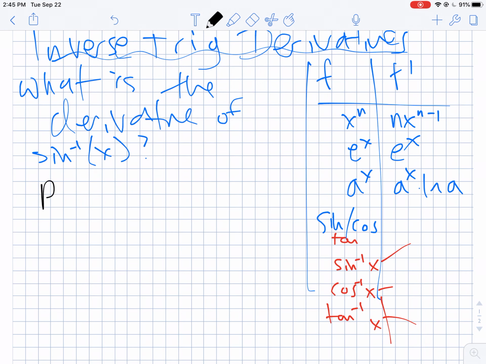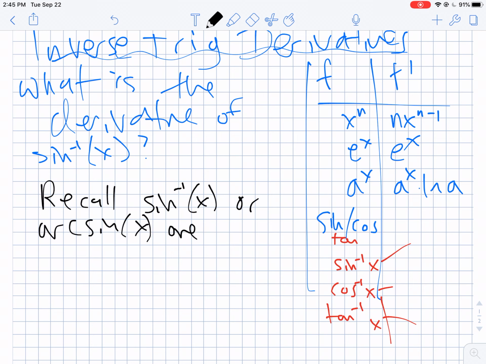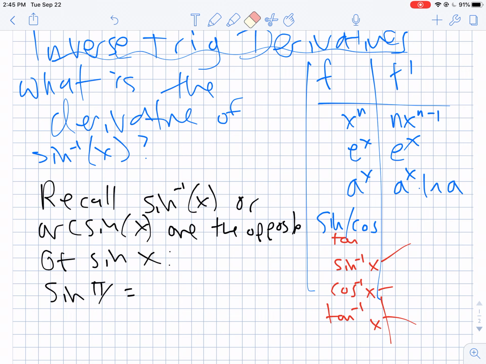So I want you to recall that when we say inverse sine of x or arc sine of x, those both mean the same thing. They are the opposite, or the inverse, of sine of x. So if we tell you that the sine of pi over 2 equals 1, then if you take the inverse sine of 1, that gives you pi over 2.